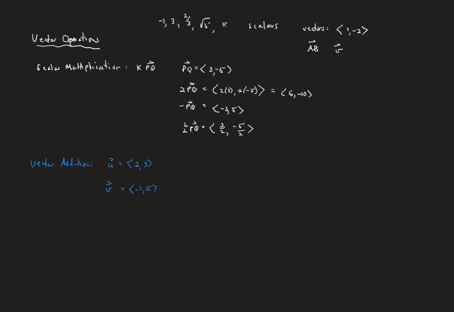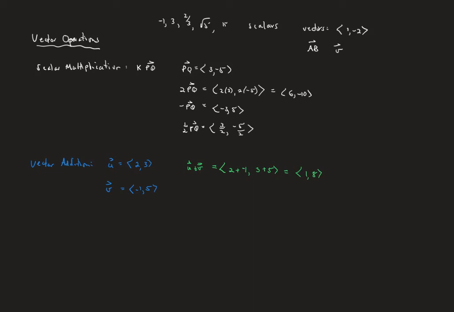Then we can create a new vector, u plus v, and it's just what you would like. You're going to add their components. So 2 plus the -1 and 3 plus the 5. So adding two vectors creates a new vector, say 1, 8, which is the sum of those two vectors.